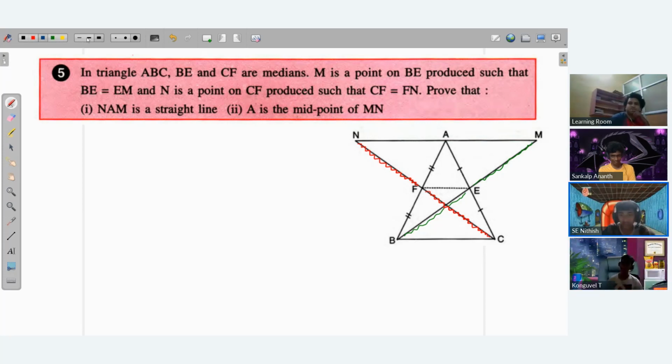So what are those green and blue lines? Read the question, you'll get to know. Medians. I forgot what medians are. A median joins the vertex and the midpoint of the opposite side.